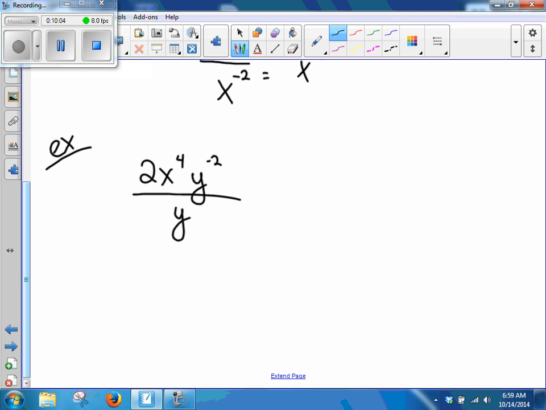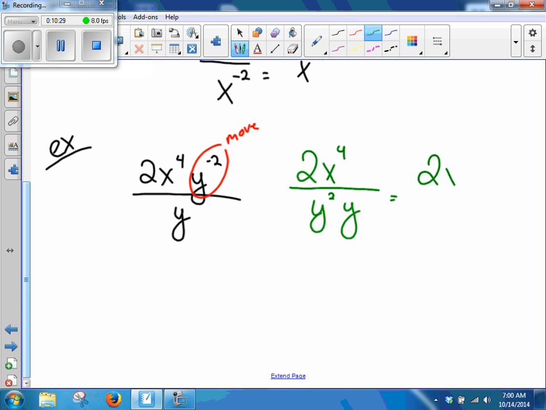All I have to remember to do is move this guy. So now this becomes 2x to the fourth, because that y is only attached to the negative 2. That negative 2 is not being distributed to anything else. So you're only moving that y squared. And then you still have y on the bottom. So you combine that to be 2x to the fourth all over y to the third.